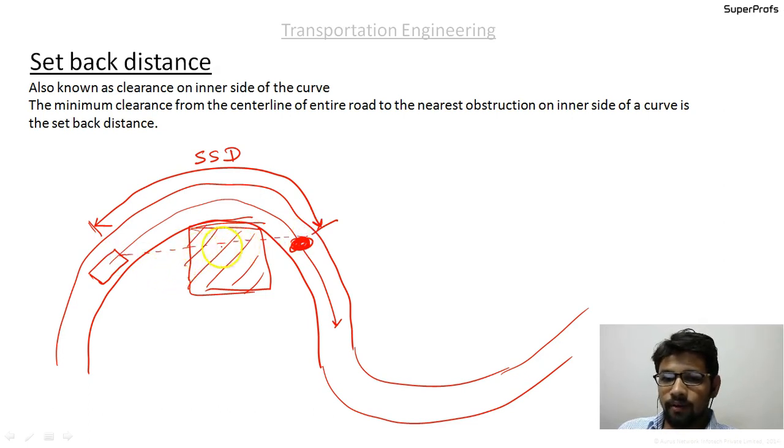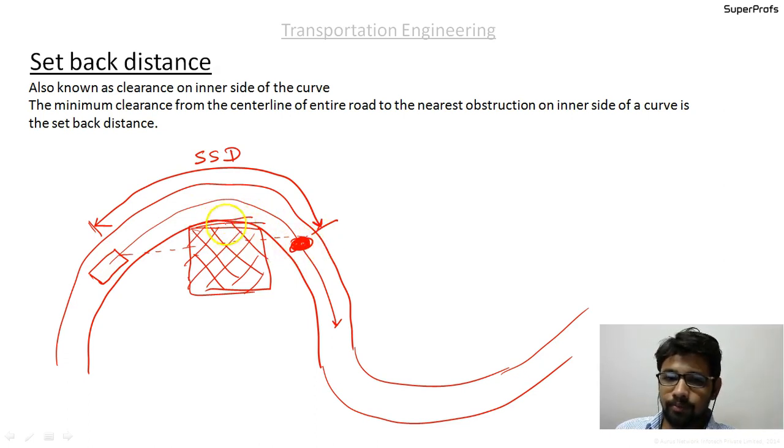Okay, so if the driver wants to see this obstruction in order to stop the vehicle before hitting it, then there should not be anything here that would stop the driver's sight. So this building is a problem to the driver's sight. Because of this building, the driver cannot see this object, so there is a threat that the vehicle will go and hit this obstacle.